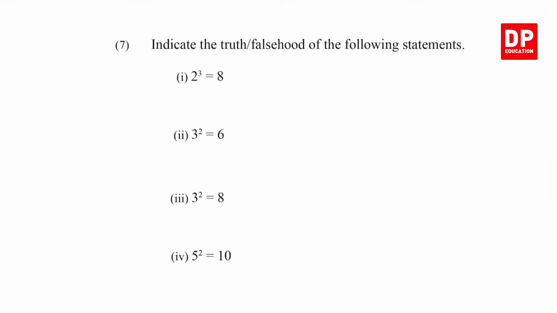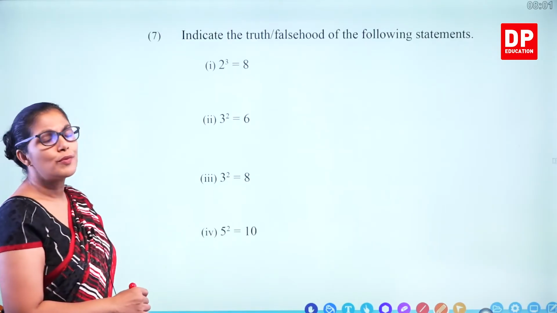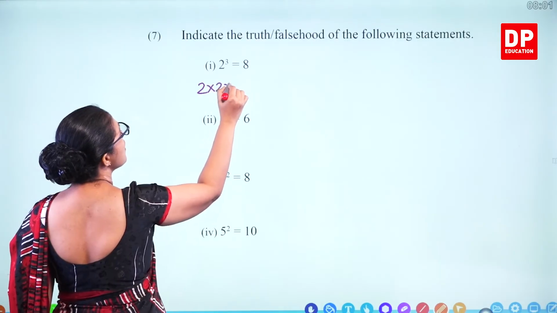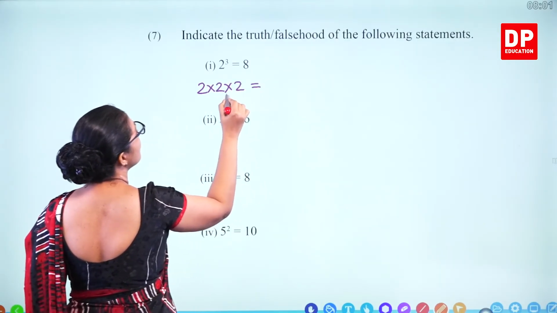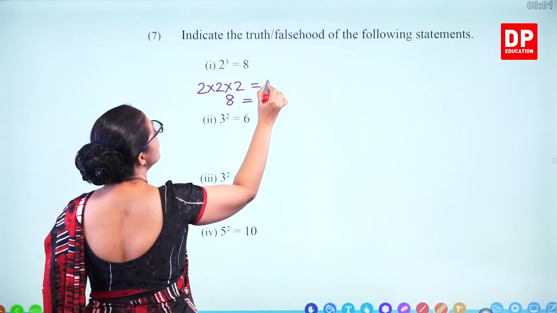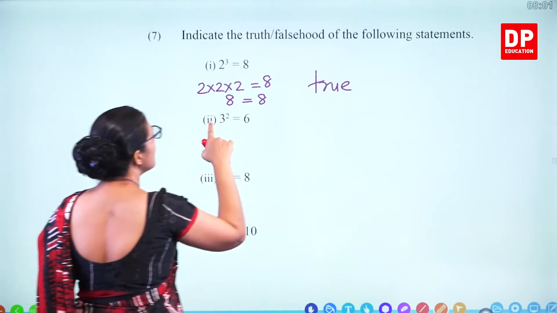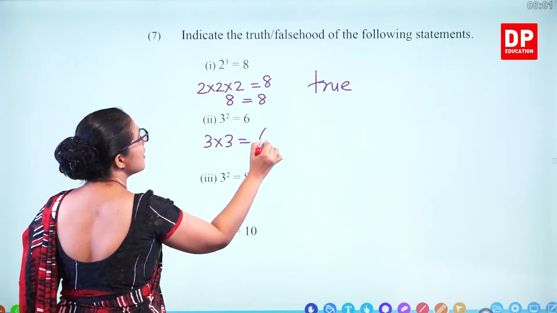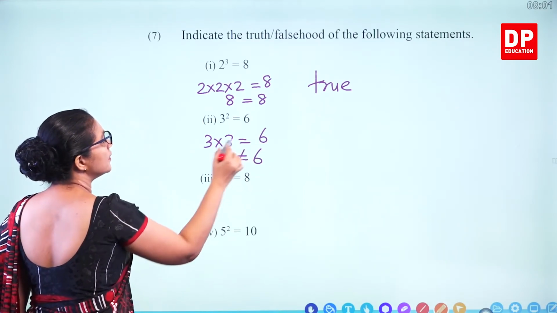Indicate the truth or falsehood of the following statements. 2 to the power of 3 is 8. We'll check it. 2 times 2 times 2, that's 8. 8 is equal to 8. So that's true. 3 squared, 3 into 3, 9. 9 is not equal to 6.